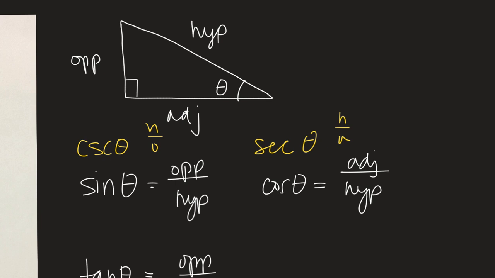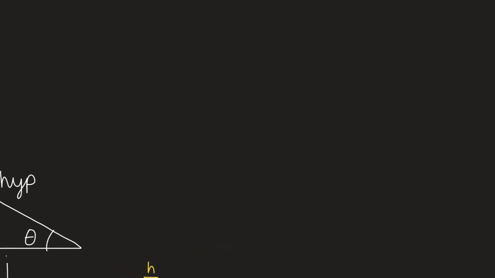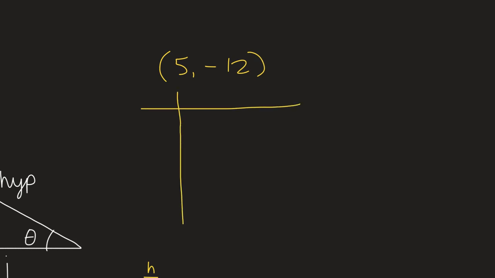So let's say that potentially we have a point at 5 comma minus 12. Okay, so 5 comma minus 12 is the point we have on your xy axis. So we go 5 to the right and 12 down, because minus is a 12. And there we have that point. So we can draw our triangle by going from the origin to that point and then back up to your x-axis.